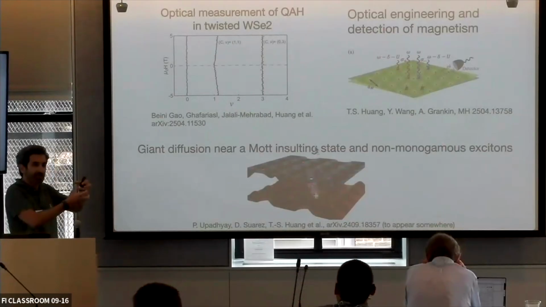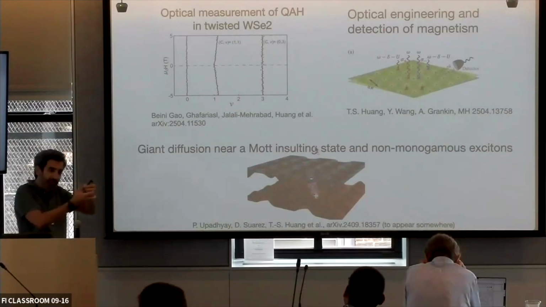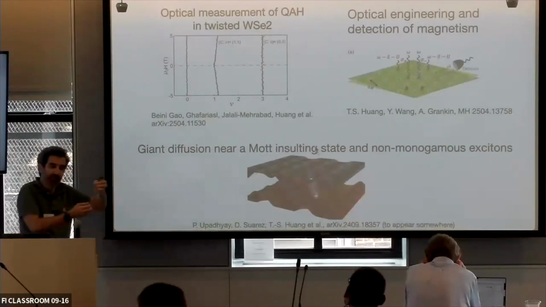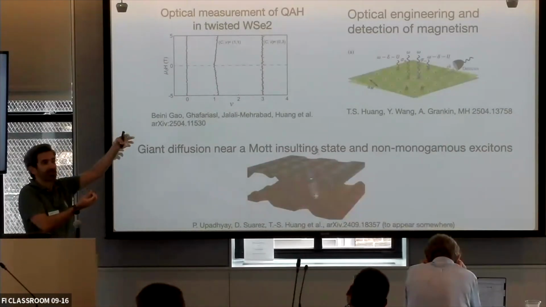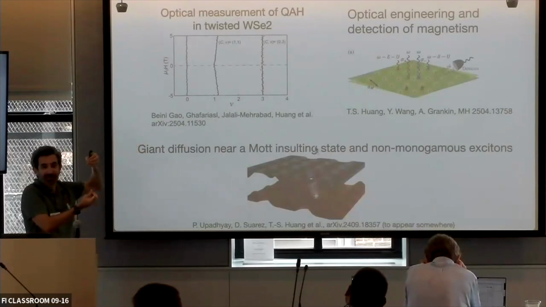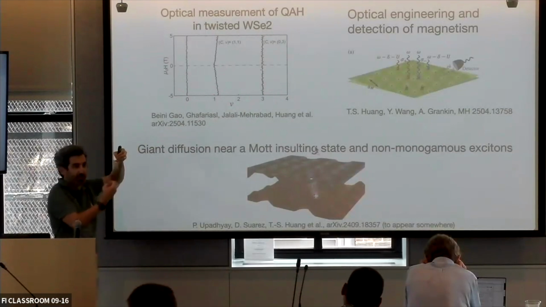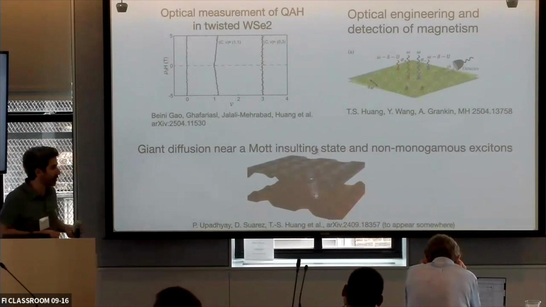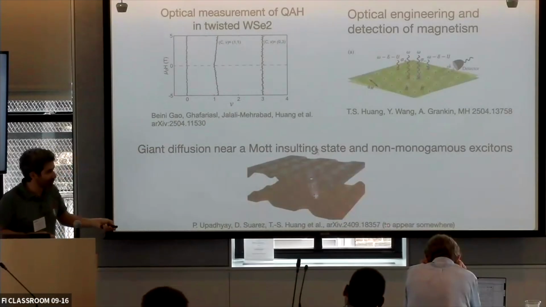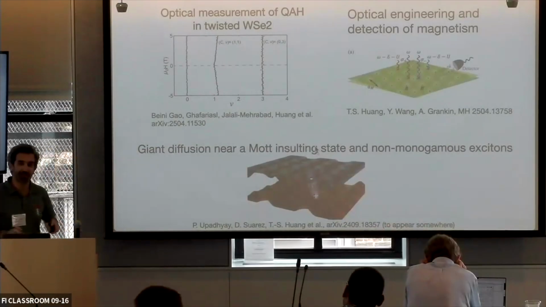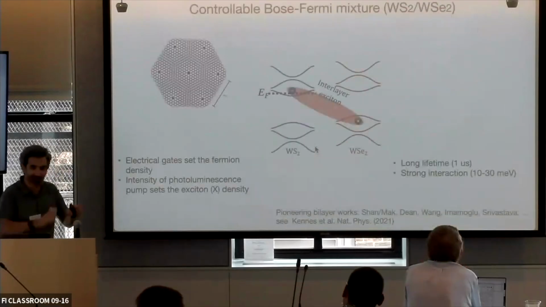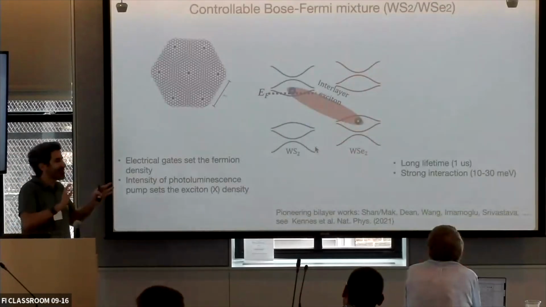I said this exciton is not a bound state that is moving through the system. On the contrary, all the electrons, let's say in the conduction band, are equal to each other. So if you create an exciton on top of them, this hole does not have to be loyal to the specific electron that came from the photoexcitation. And then the dynamics is more complicated. This is going to appear somewhere good, sometime soon, but I'm under embargo.